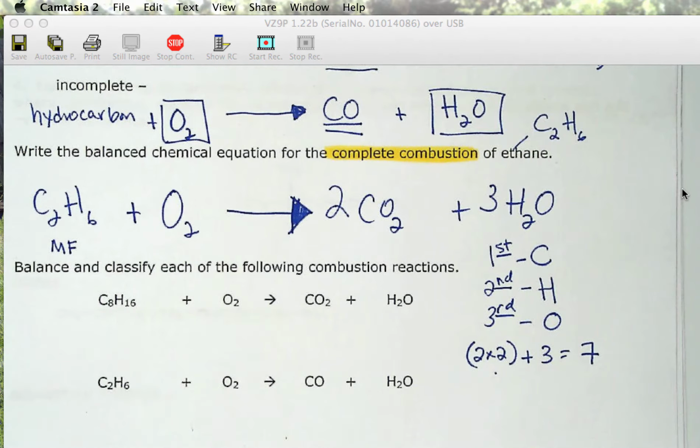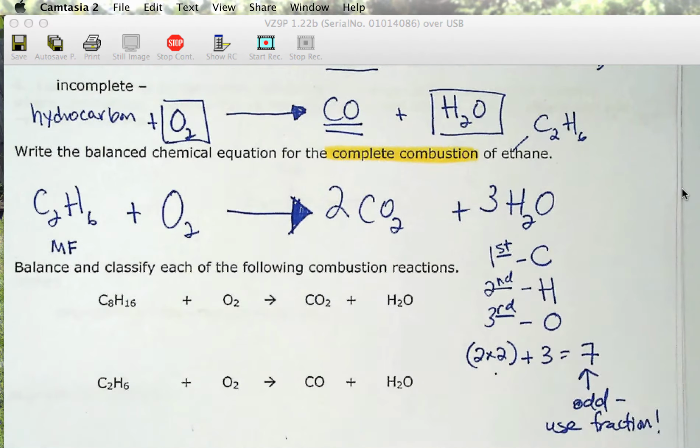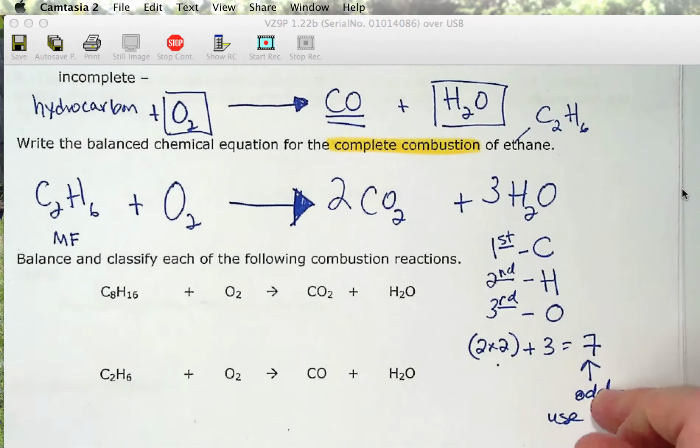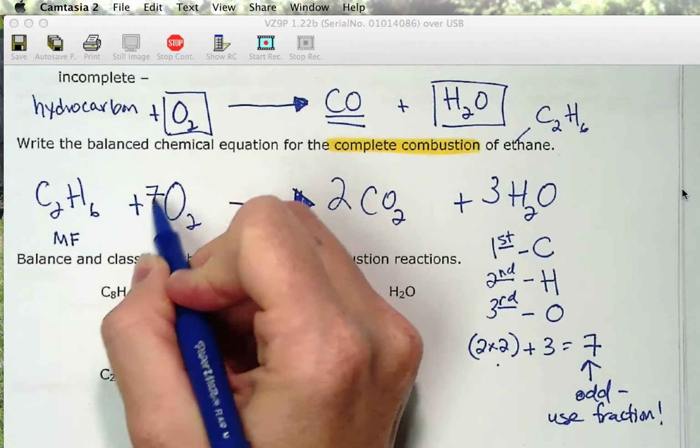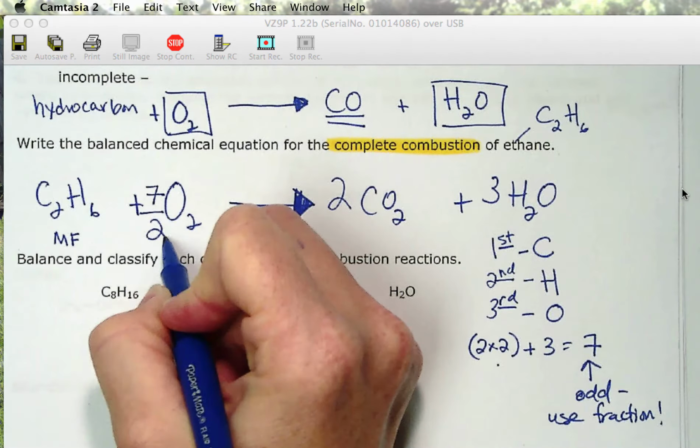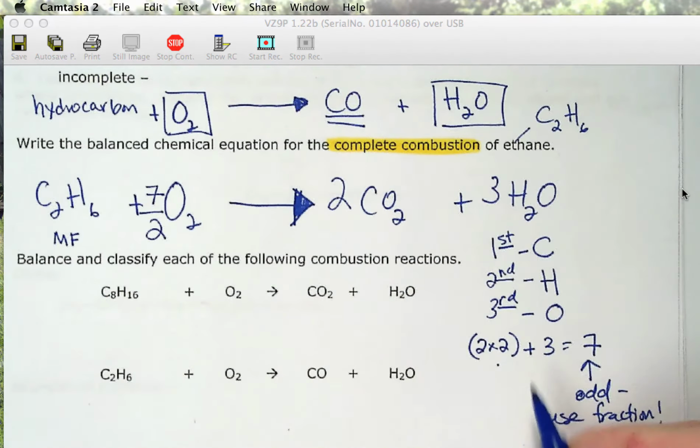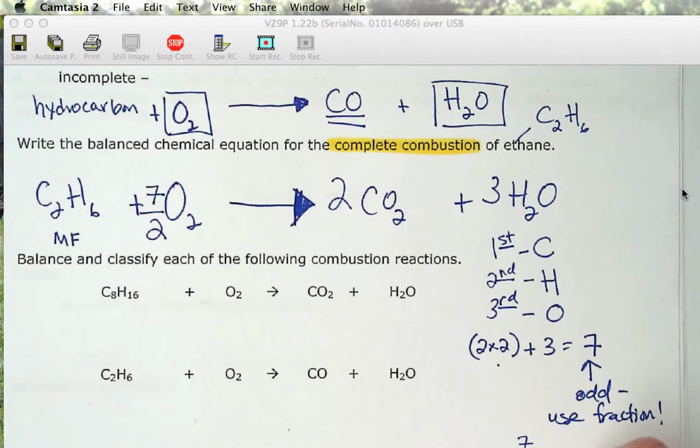You do not use fractions when you have even-even, because you can just put a coefficient in front of oxygen. So when you have an odd, use fraction. So the fraction that I'm going to put in front of my oxygen is 7 over 2. Because if you multiply 7 over 2 times 2, that's how you get 7.